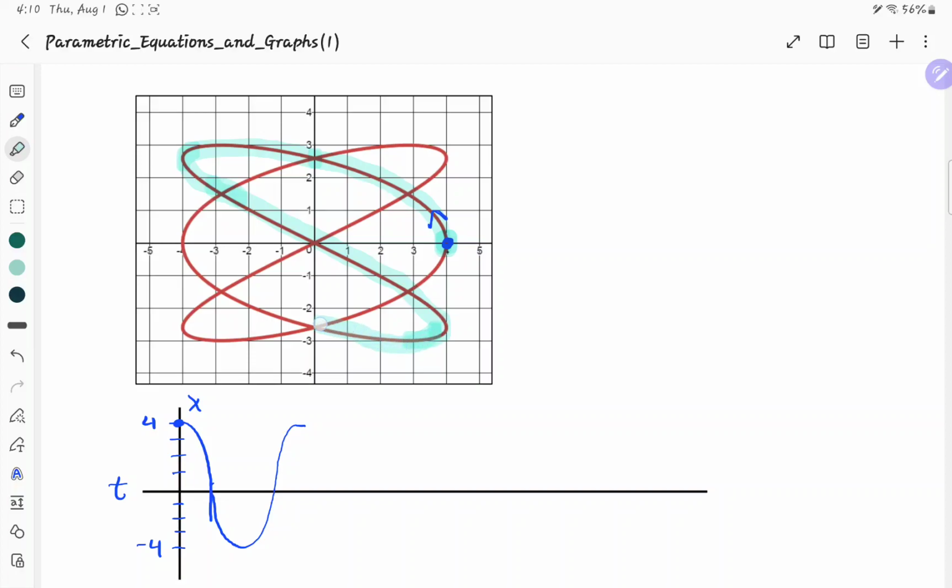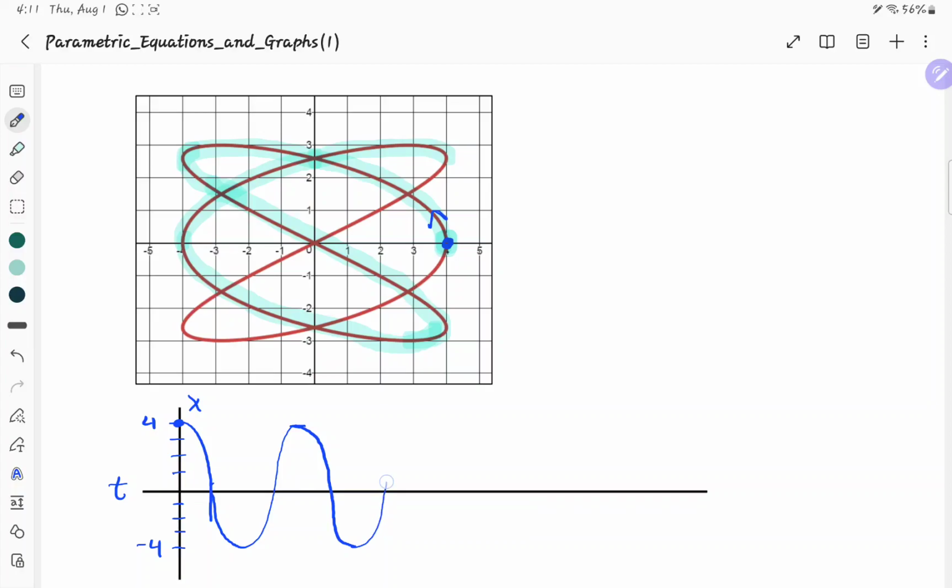Now we're going from 4 back down to 0, back to -4. Then from -4 to 0, back to 4, and we're getting closer.